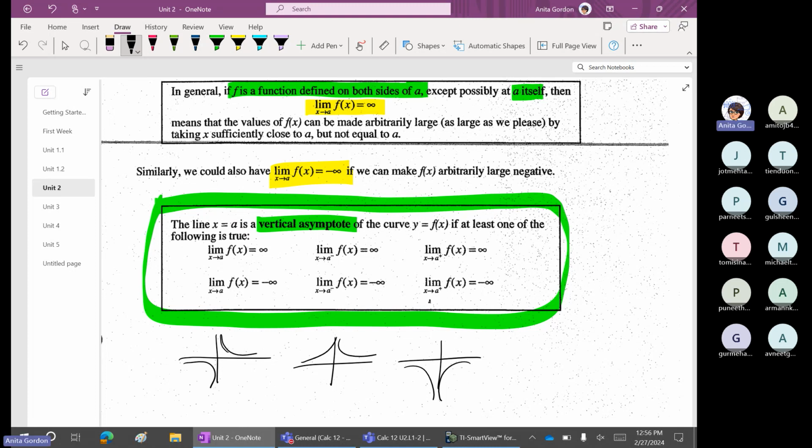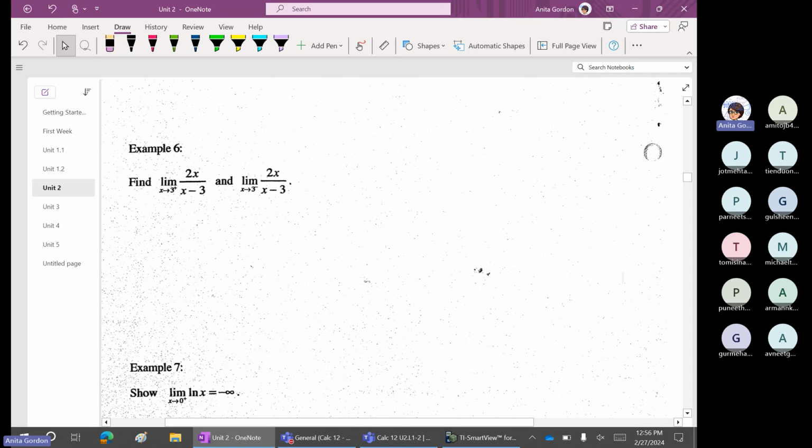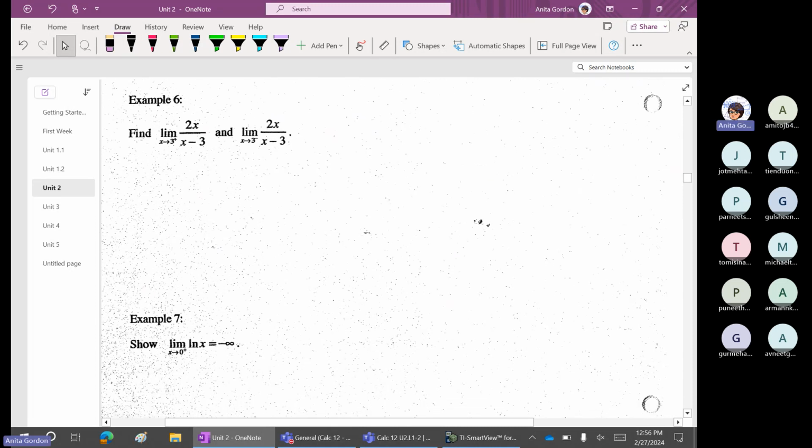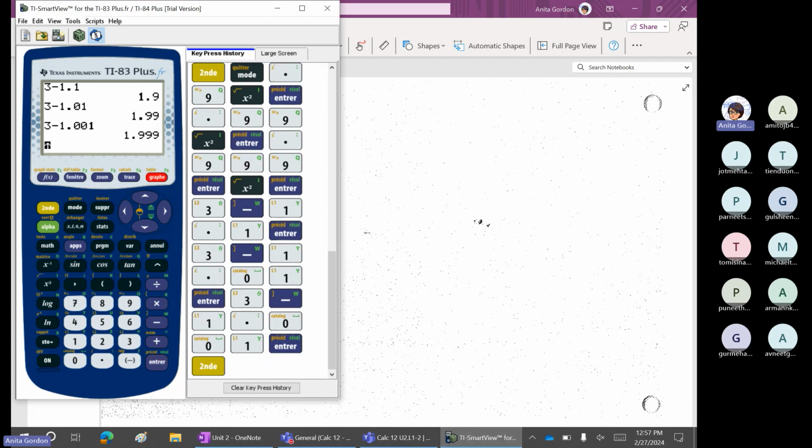Okay, I'm going to stop talking because I feel like we have the general idea here. I would like you to do the last two examples before the bell goes. You are identifying what happens to this function as you approach 3 from the left and from the right. My suggestion to you is take this function, type it into your calculator, go to the table and just choose some small numbers.